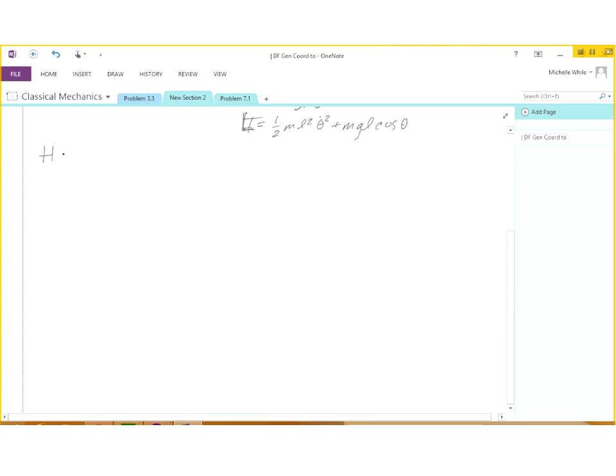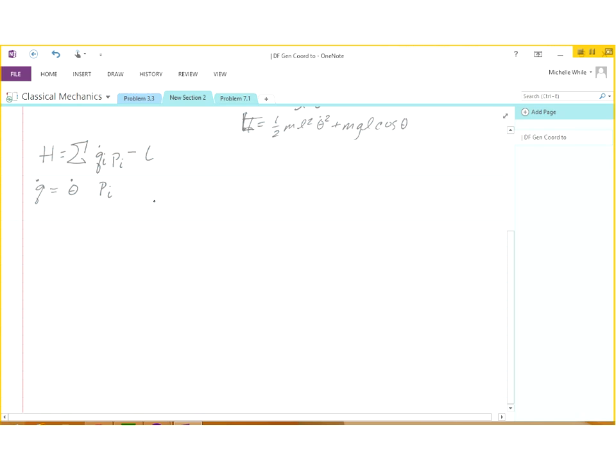Now, the Hamiltonian is equal to the sum of your q dot times the momentum minus the Lagrangian. So in this case, our q dot is equal to theta dot, and we have only one of them.